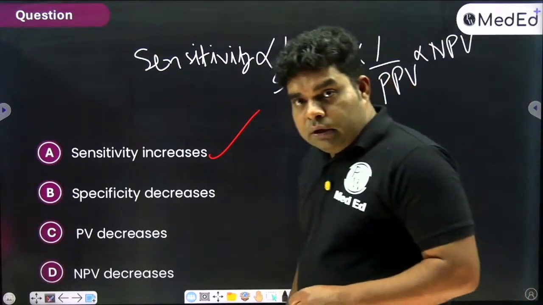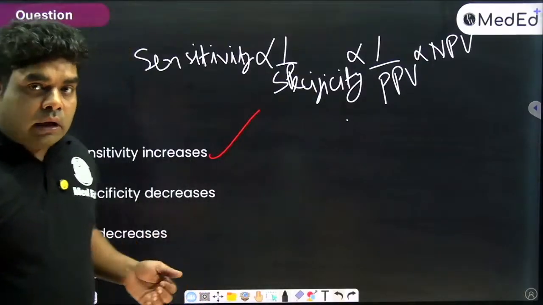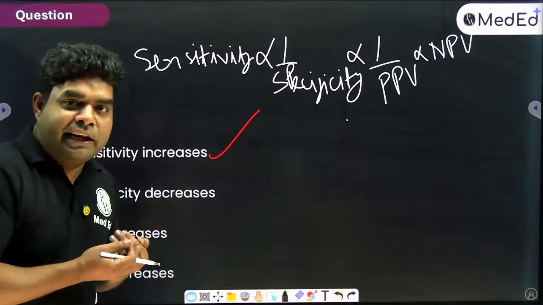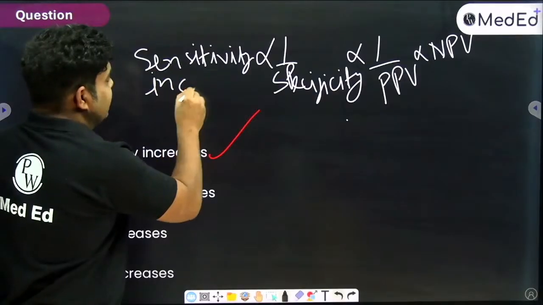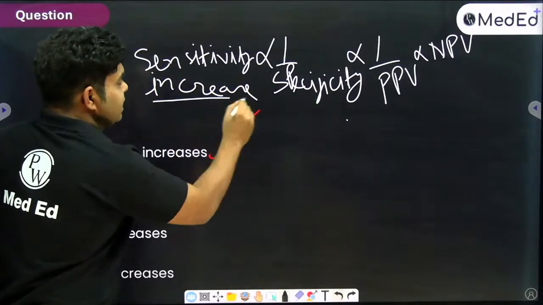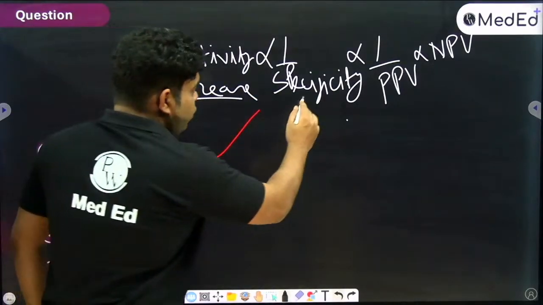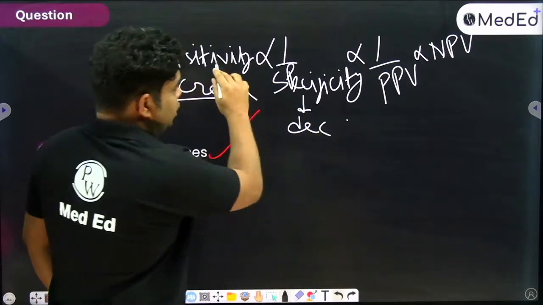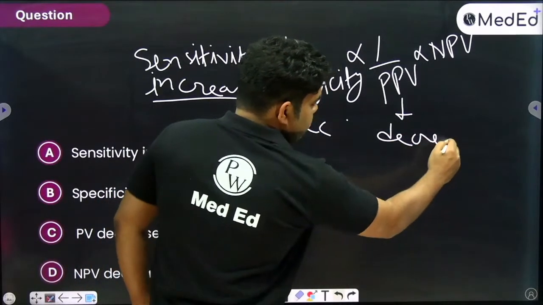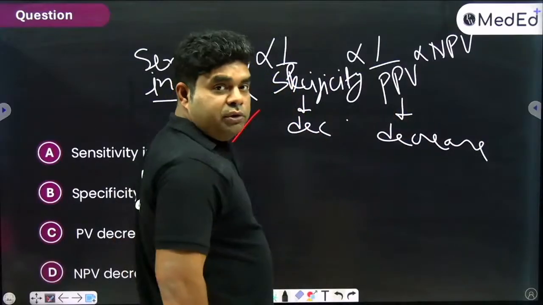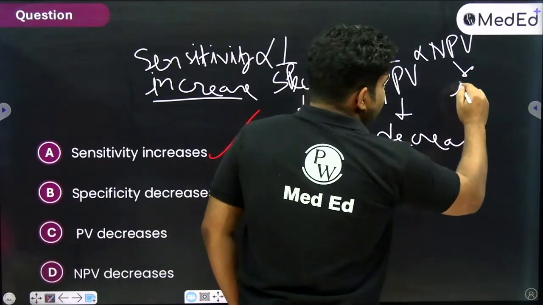So now, when we know that after lowering the cutoff of the NEET exam more students pass, sensitivity increases. If sensitivity increases, then of course specificity will decrease because they are inversely proportional. PPV will also decrease because PPV is also inversely proportional to sensitivity, and NPV will increase.